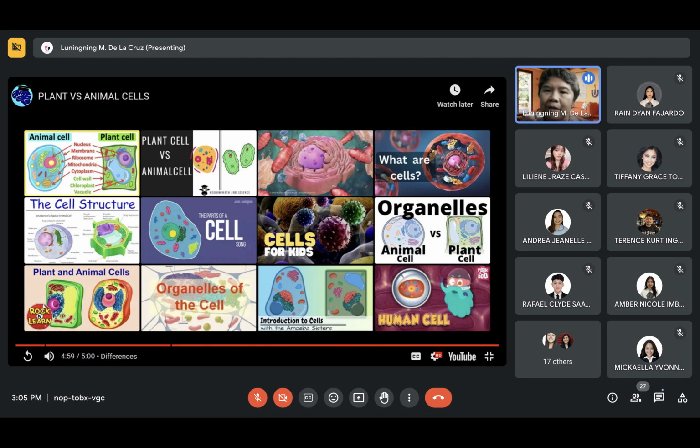Now, remember that our cell wall, not the plant cell wall, also functions for the transport of materials in a plant cell. Okay? It forms channels that are needed to move fluid for the plants. So that's another function of the cell wall.